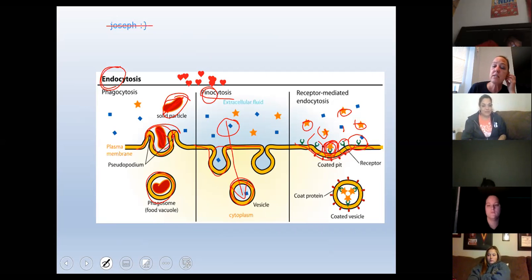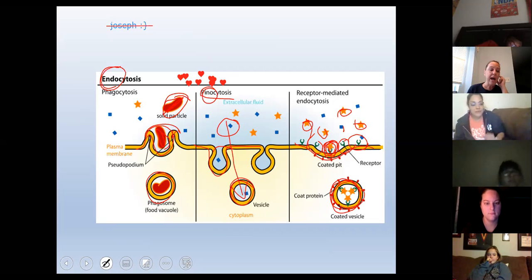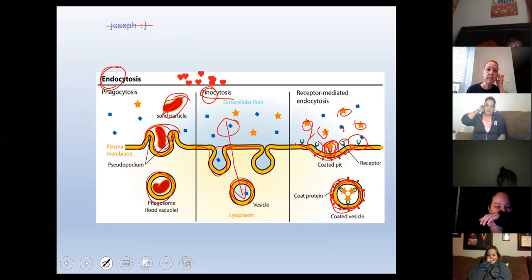The only ones that can come in are the ones that will bind, and in this case, it is the little stars. Only the stars are brought in. That's receptor mediated. You have to have the key for the receptor in order to activate entrance into the cell. Is everybody okay with endocytosis?